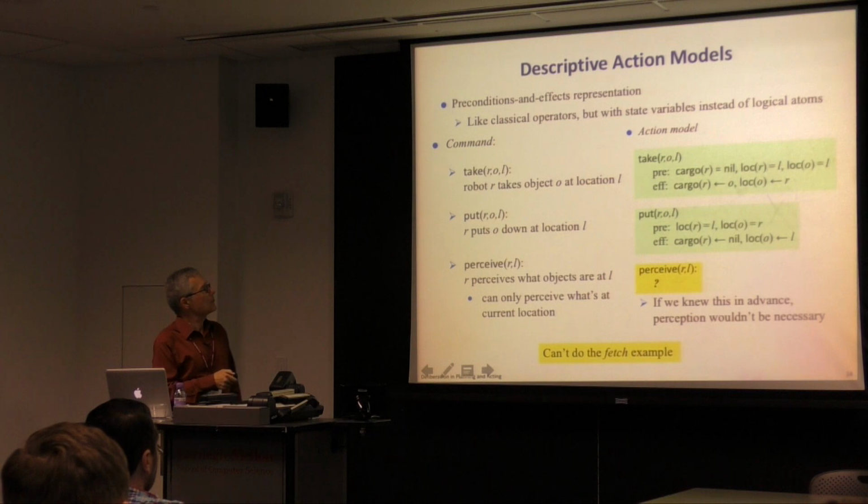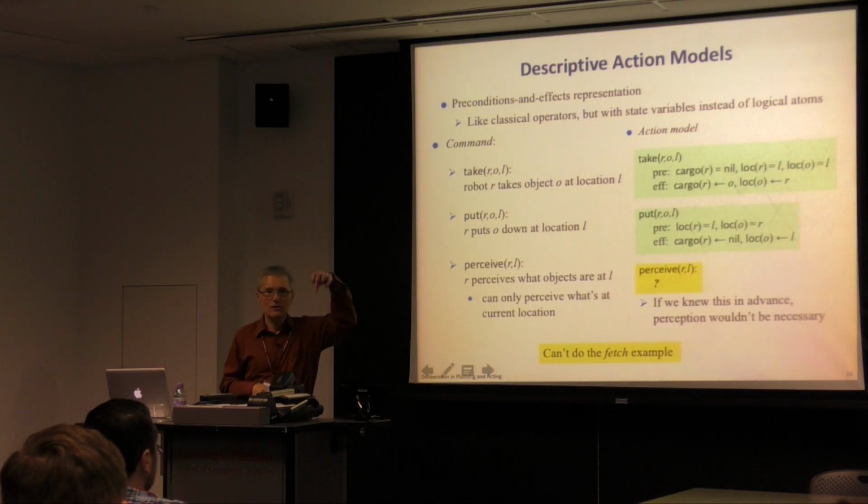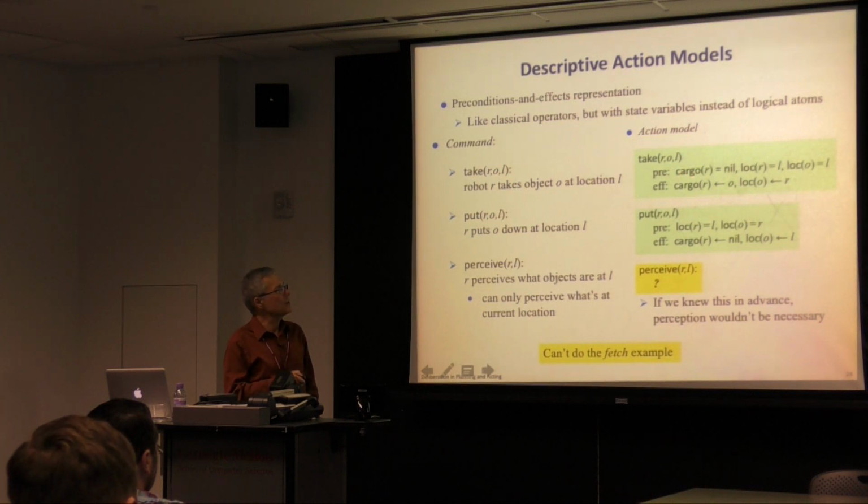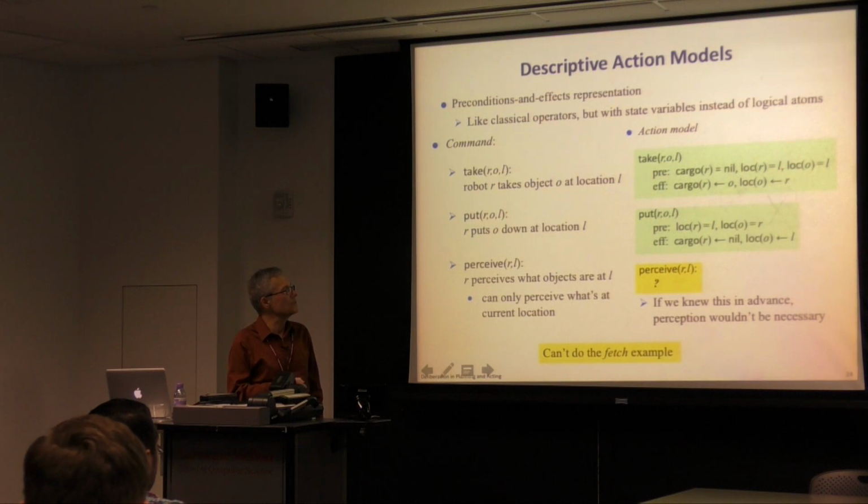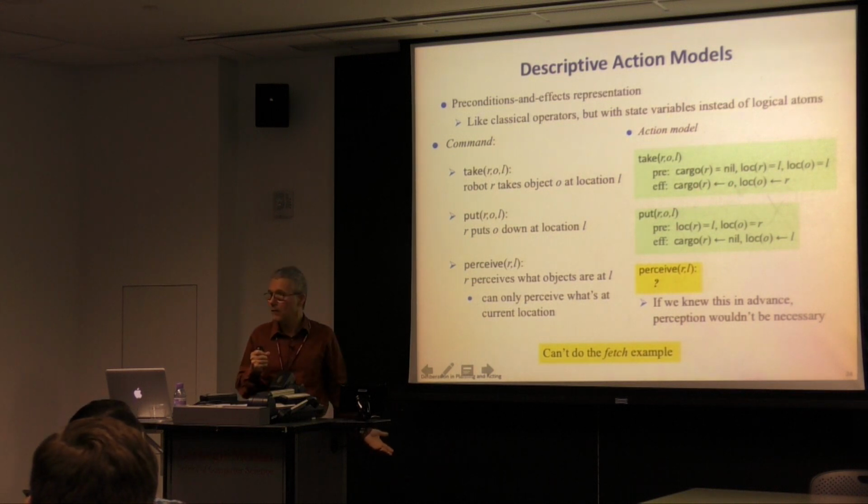So our action model for the robot taking an object at some location L is the cargo that the robot was carrying needed to initially be nothing. It needed to be at the same location that the object that it's picking up is. The effect is that the cargo that the robot's carrying is now that object, and the location of that object is now the robot. Okay?